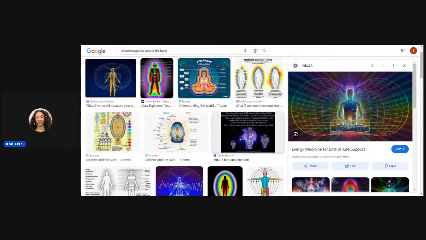Your actual natural vibration could be way too high for this dimension. And so they'll spend time finding ways to provoke you into lowering that vibration. And that's pretty much what we're dealing with, even on planet Earth, unfortunately.